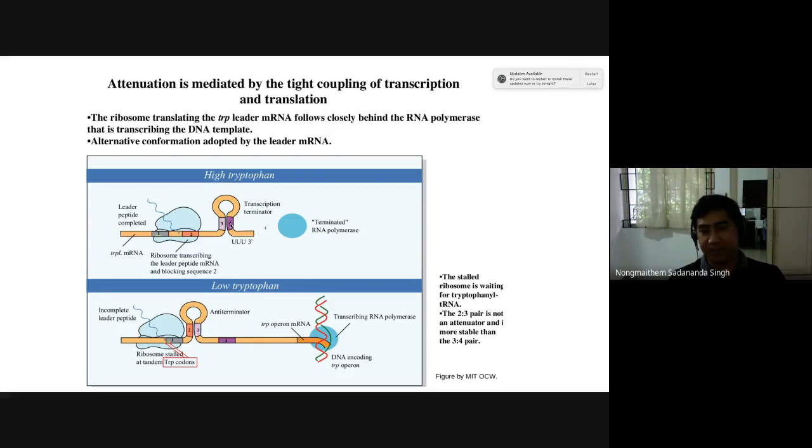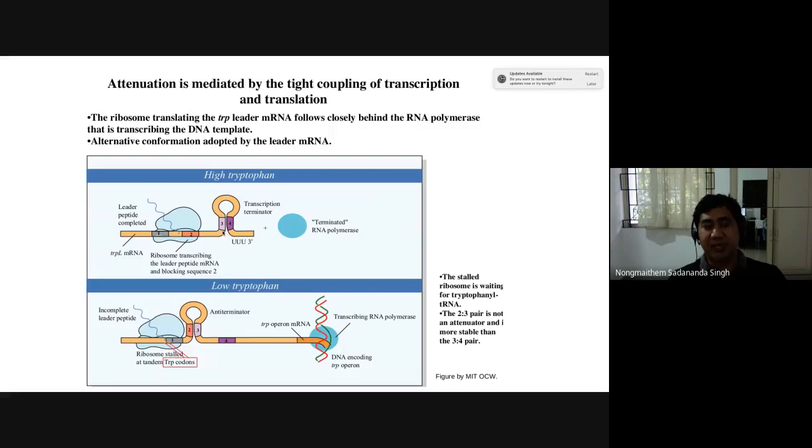These are very important because 1 and 2 can be involved in the regulation. More importantly, sequence 2 can base pair with 3, and 3 can base pair with 4.